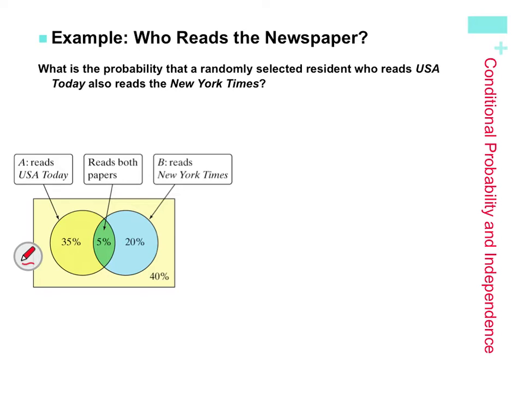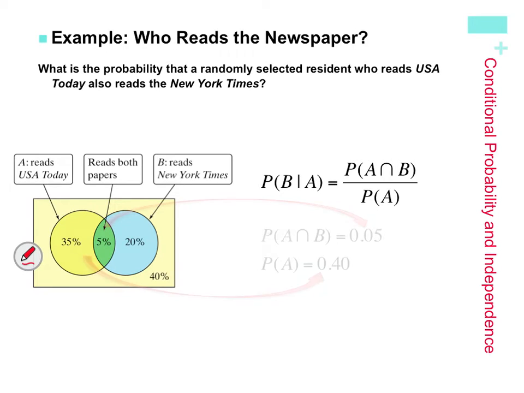Now you are restricting your focus only to residents who read USA Today. You want to know of them how many also read the New York Times. So you're looking at the probability of B given that A happened.